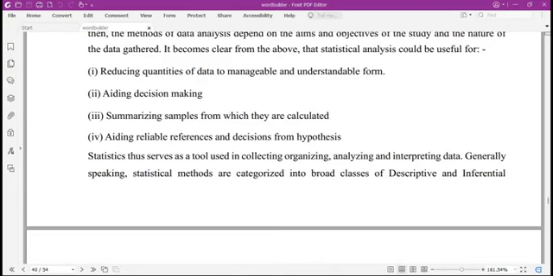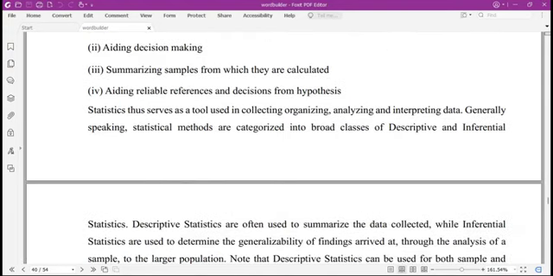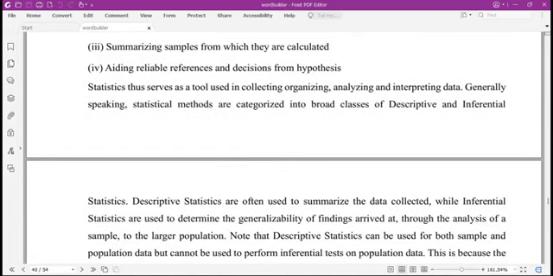Generally speaking, statistical methods are categorized into broad classes of descriptive and inferential statistics.